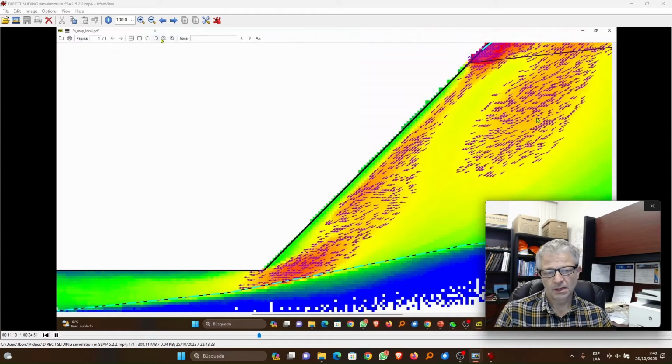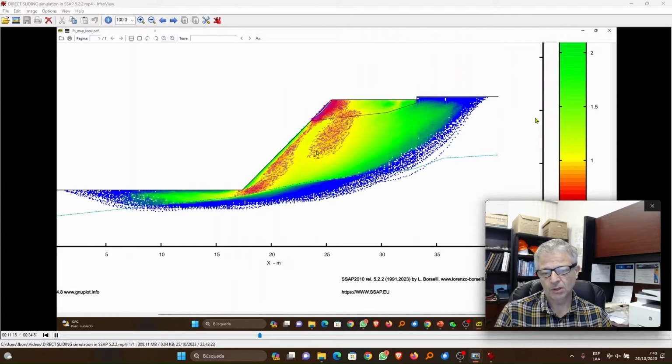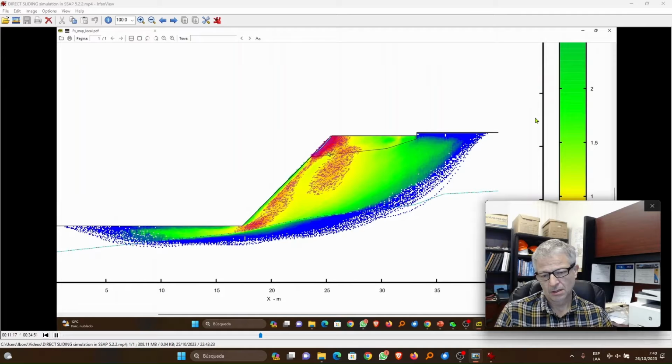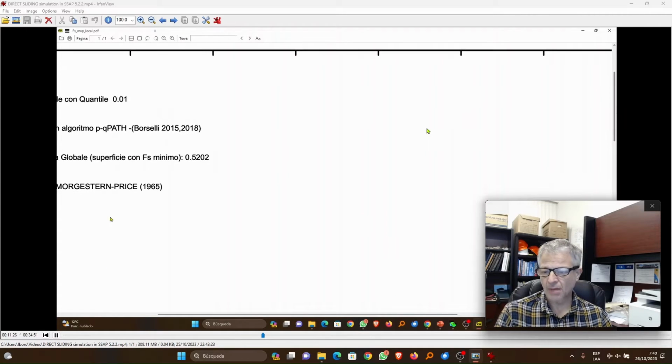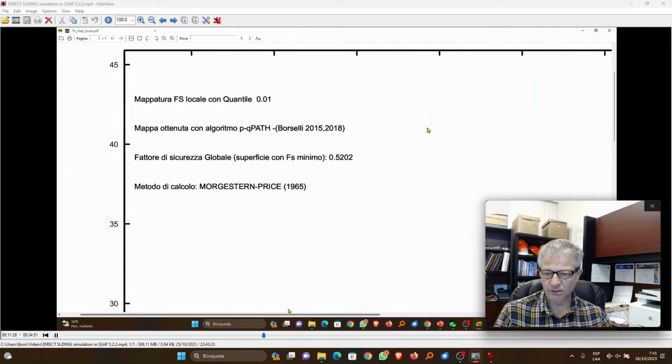So you can also see now the map of local safety factor based on hybrid methodology between LEM and FEM that can be used by Kupat algorithms.